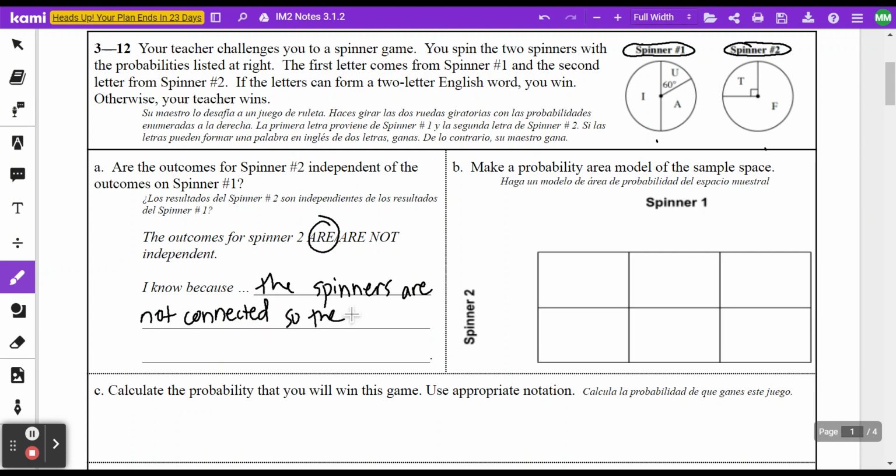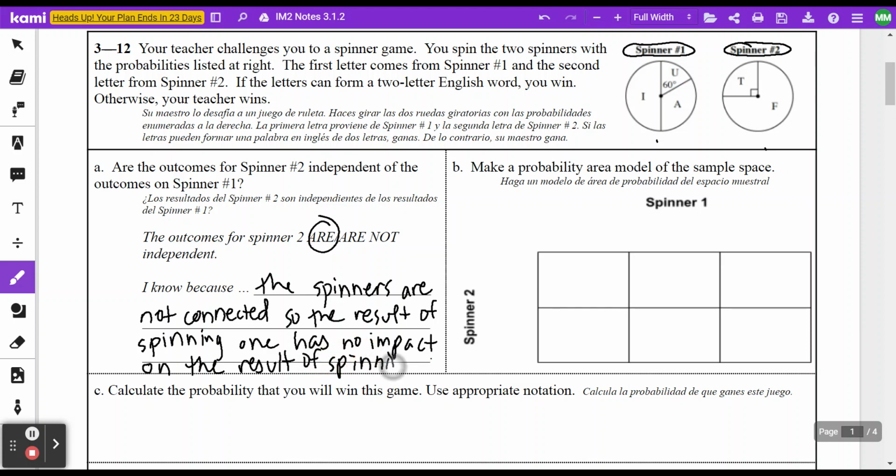So the result of spinning one has no impact on the result of spinning another. I probably should have said outcome, but in any case, we continue.